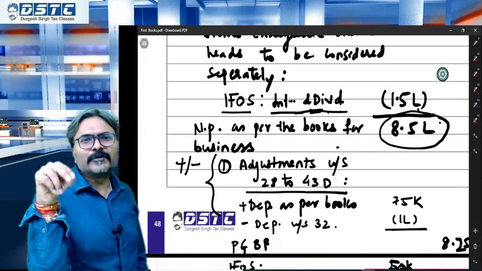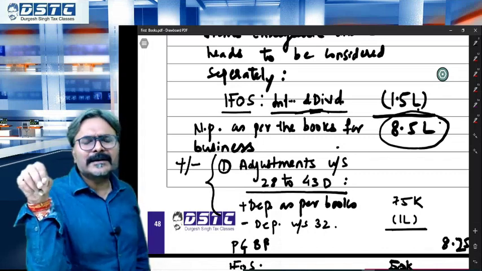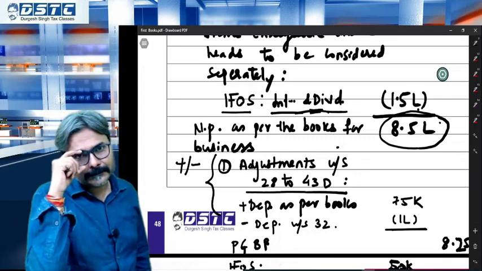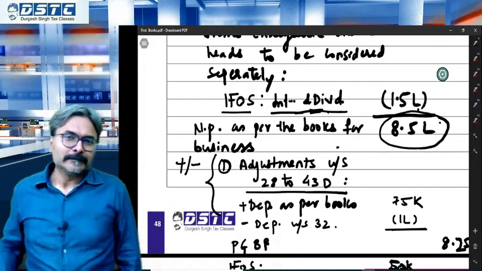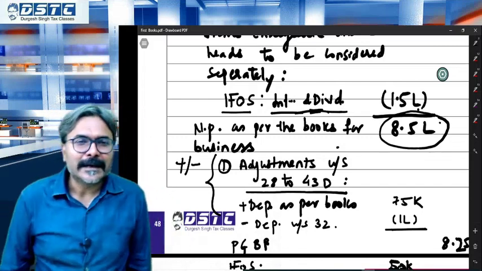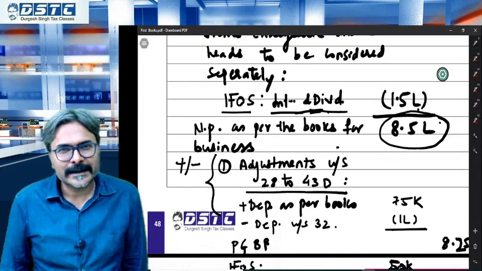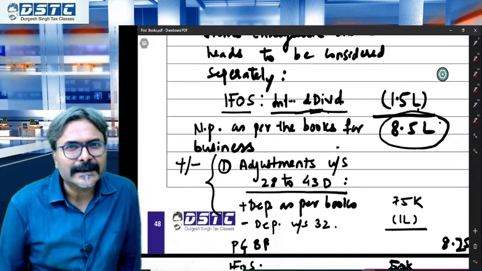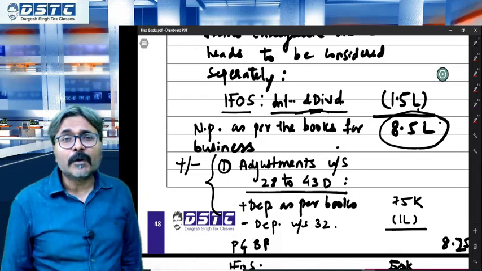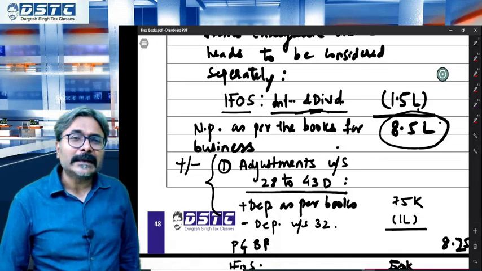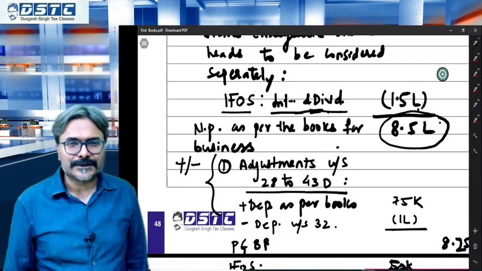And from that, municipal tax paid was reduced to get NAV, then standard deduction, interest calculation. The short point I am raising is this: in the head house property, was the accounting income considered? Was the computation you did under the head house property being influenced by your accounting principles? And the answer is no.